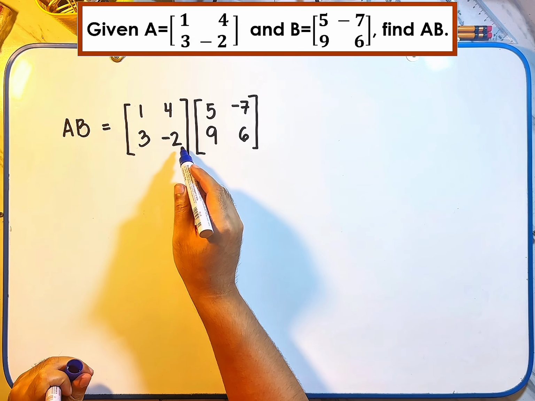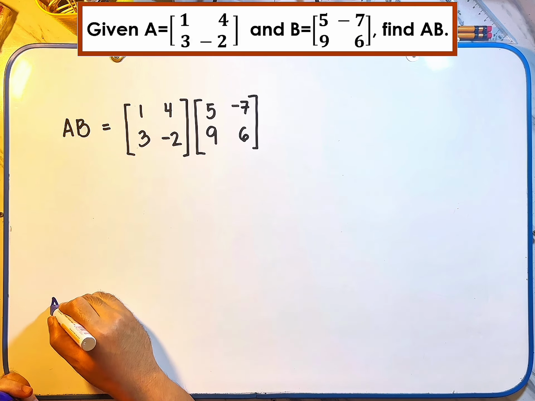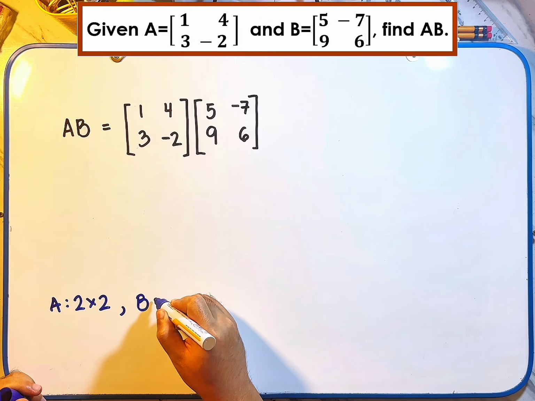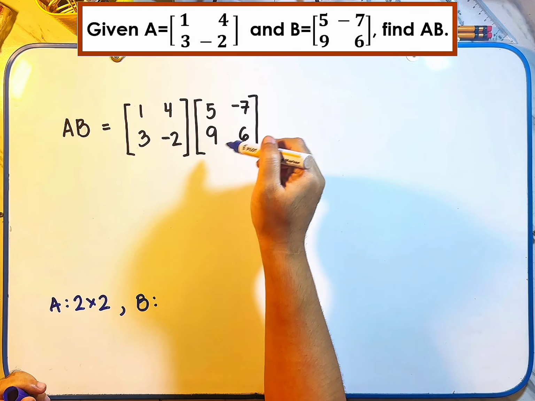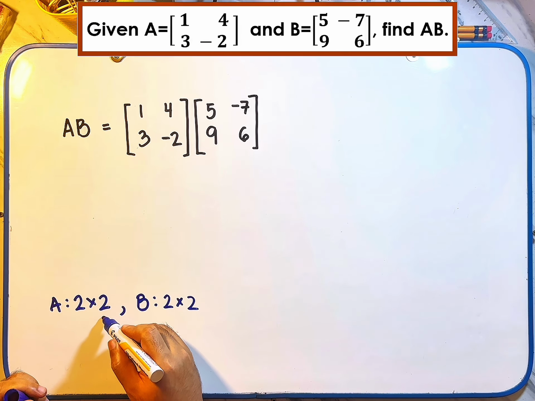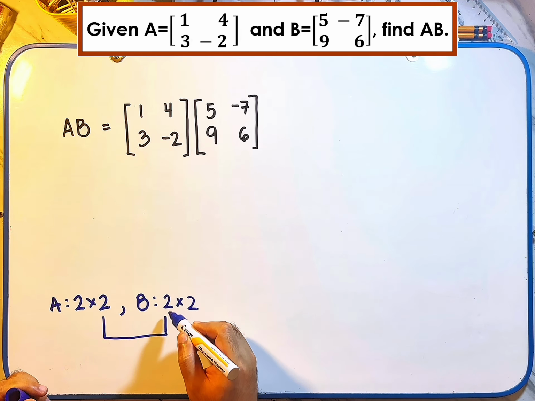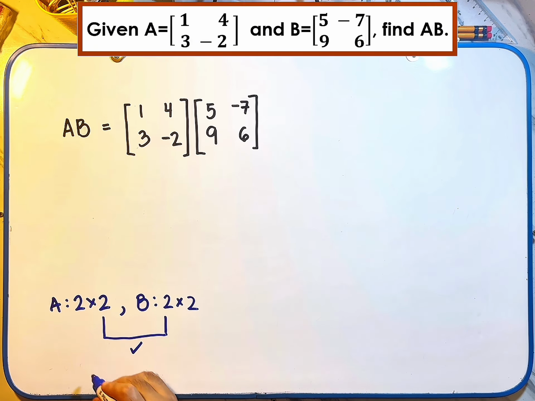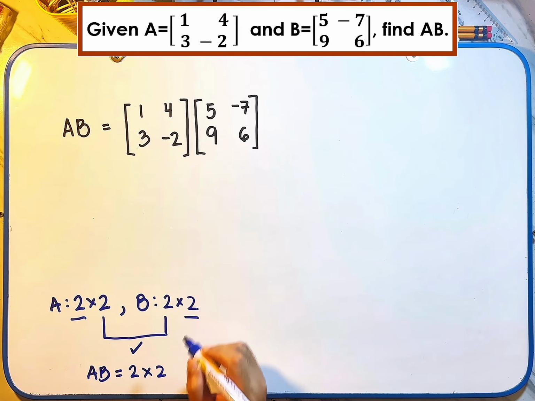So matrix A is a 2 by 2 matrix, while matrix B is also a 2 by 2, 2 rows, 2 columns. And the number of columns of the first matrix, matrix A, is the same as the number of rows of the second matrix, so this is okay. And by prediction, the product A times B should have an order of 2 by 2. So let's proceed with multiplication.